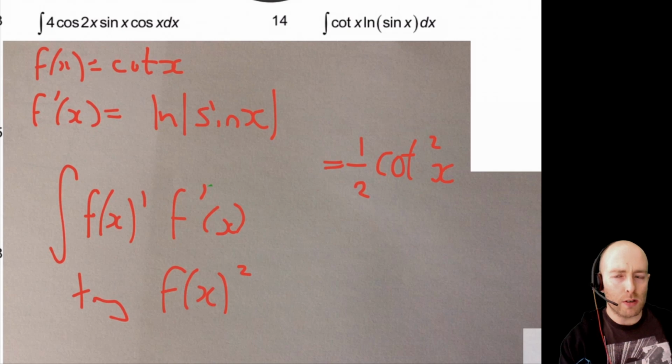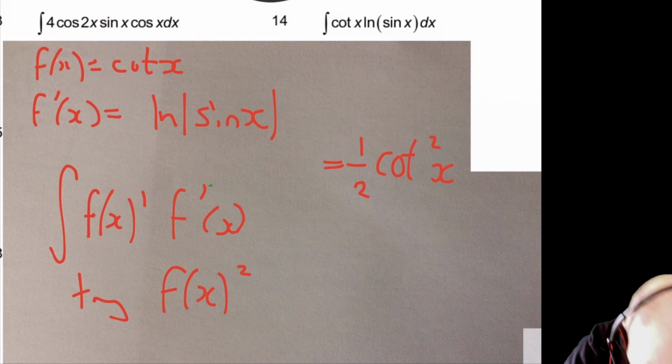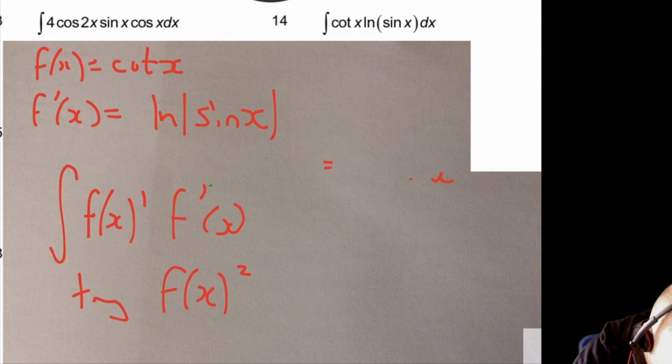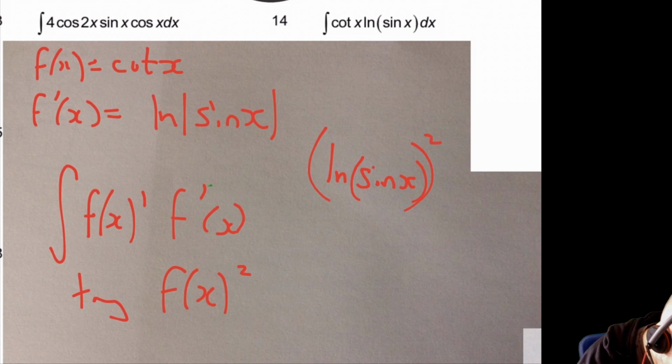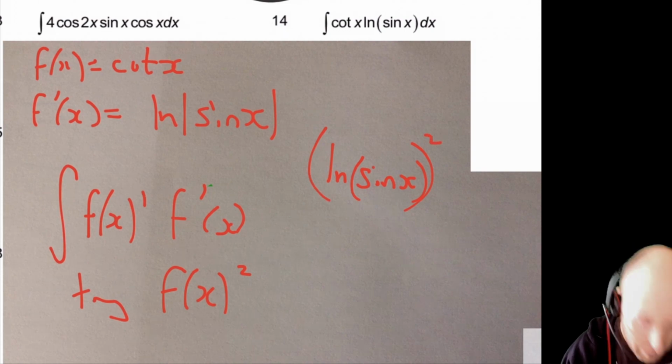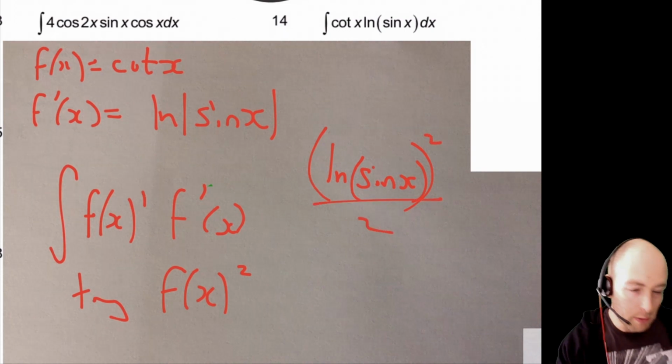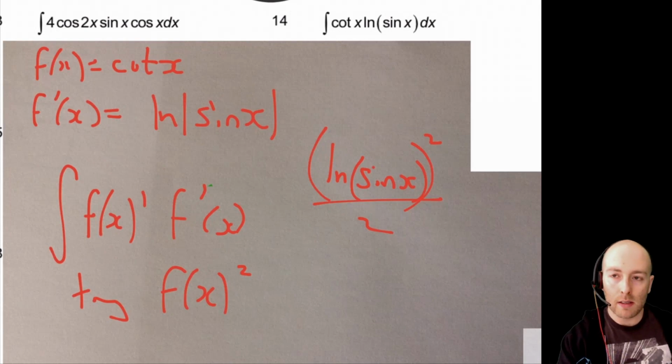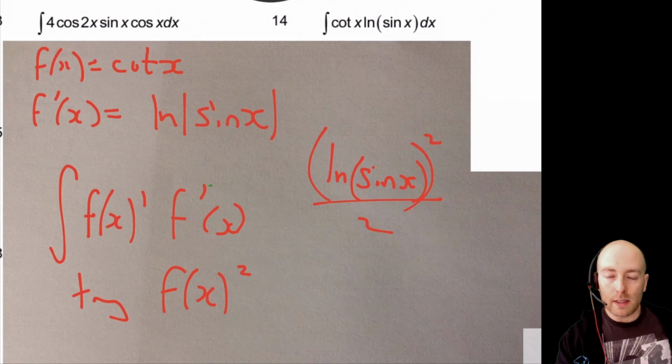Wait, have I done this wrong? Have I done that might be right actually, because ln sine is, yeah, sorry, I'm being an idiot. I've done that backwards. We want ln sine x squared. Then half that. Yeah, well spotted there, Ollie. That was a mistake I never made. Yeah, the integral of cot is ln sine x.